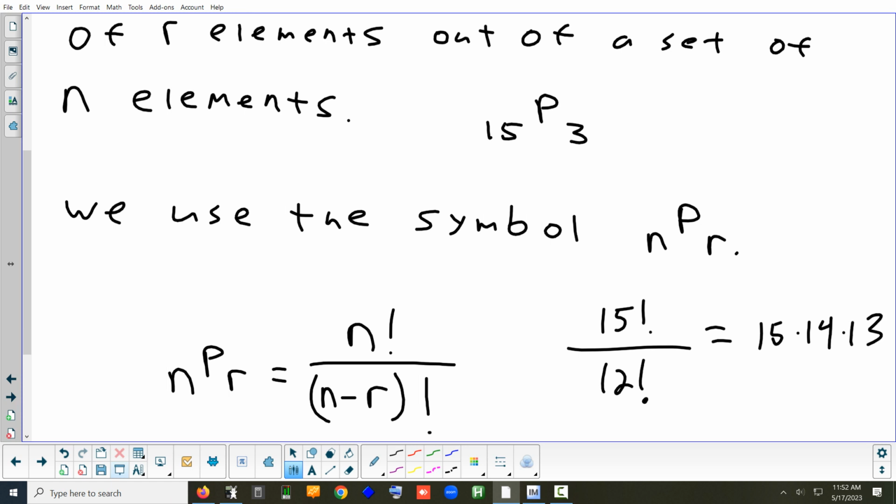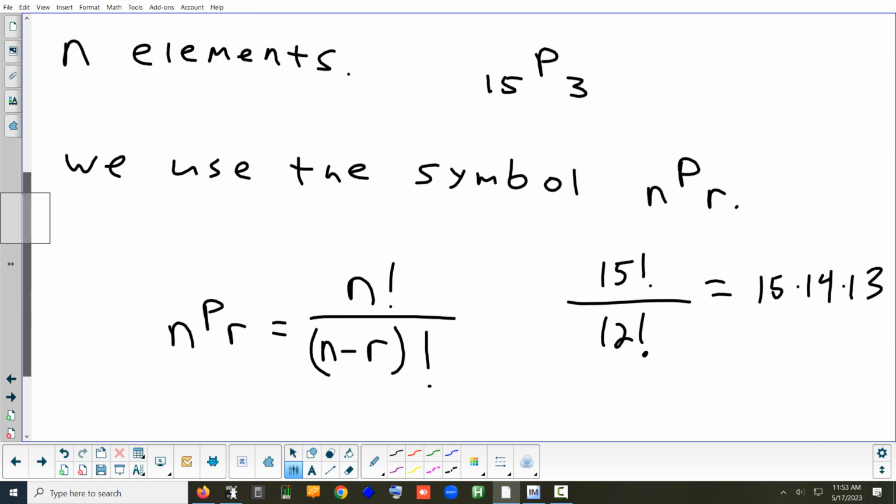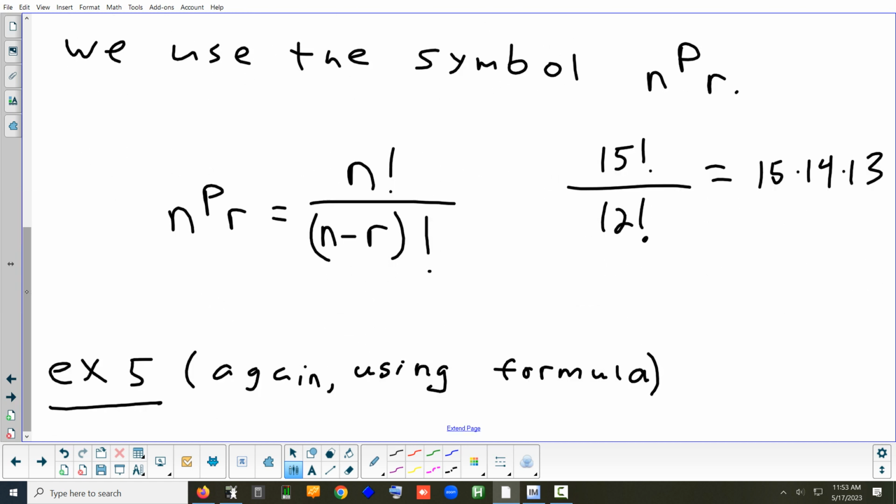And that's exactly what we came up with. So this is a quick way to figure out an R permutation when you have that many elements you want to put in order out of the total. I'm not going to do example 5 again using the formula. I basically did that right here.